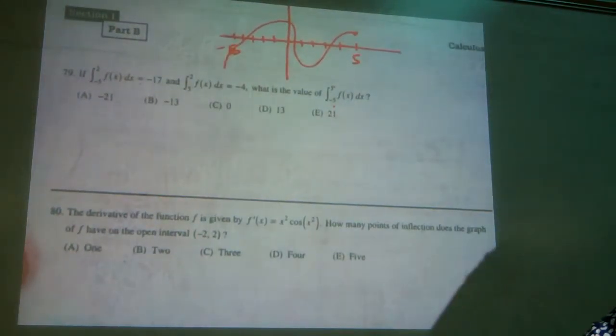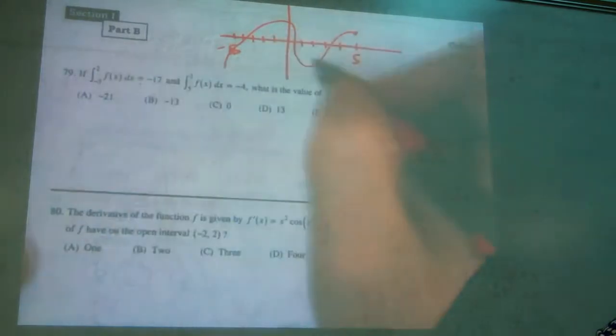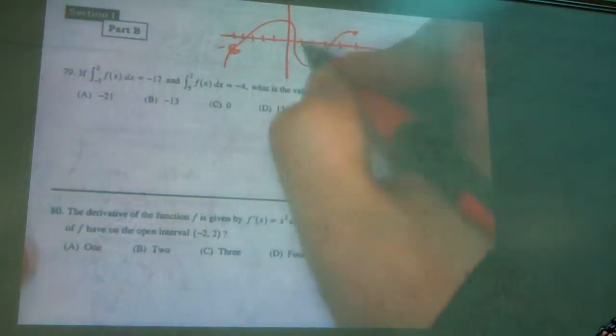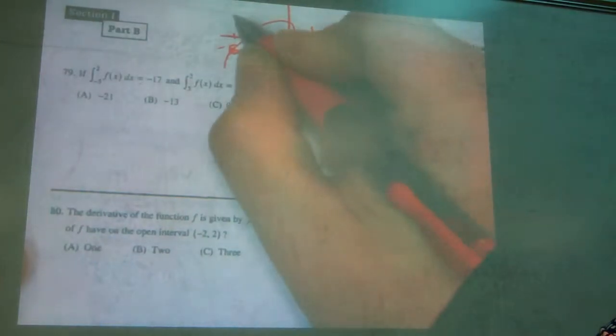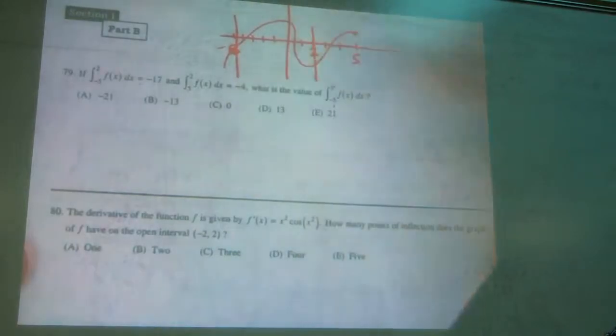And they tell us that the area under this curve from -5 to 2, so this area here, between -5 and 2, is -17.